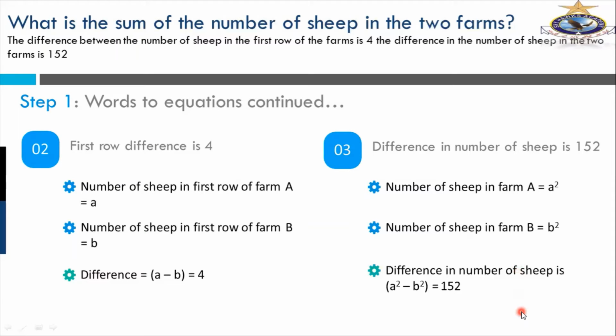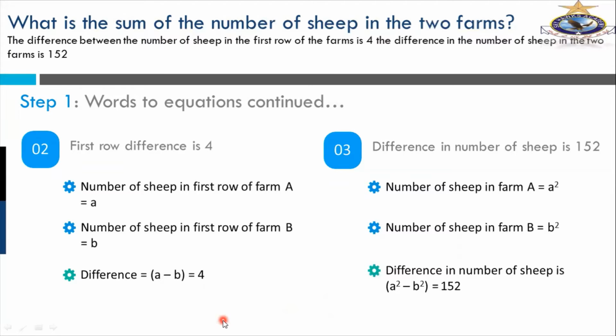So the total difference is 152. So A square minus B square is 152. Now we have two differences parallel to this. You can see this is the difference of the sheep in the rows, and this is the difference of the number of sheep in the forms: the difference in the row and the totally collective difference.